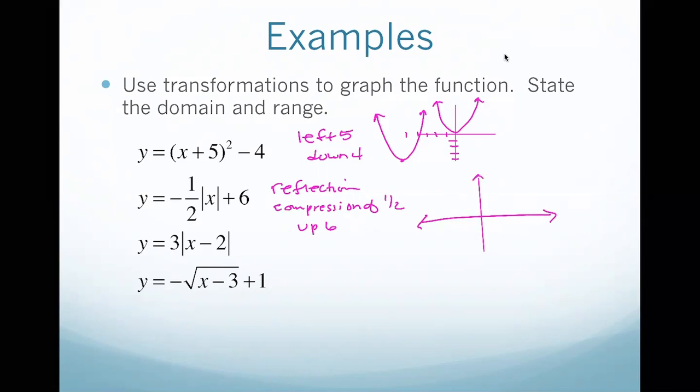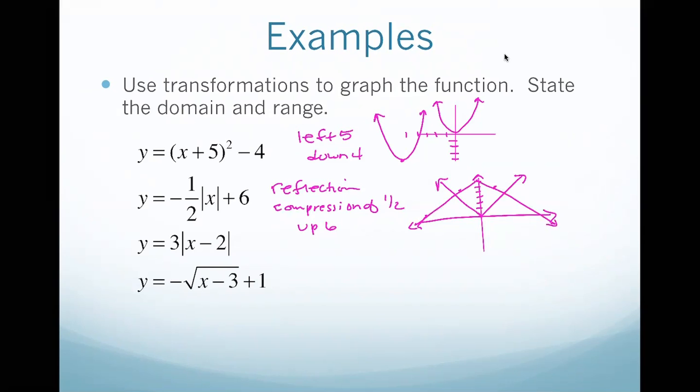If we are looking at this, your basic function for an absolute value has a vertex at 0, 0. So we are shifting it up 6, and we are reflecting it, and compressing it by 1/2. So we're going to make a little point here, and it's going to look something like that.